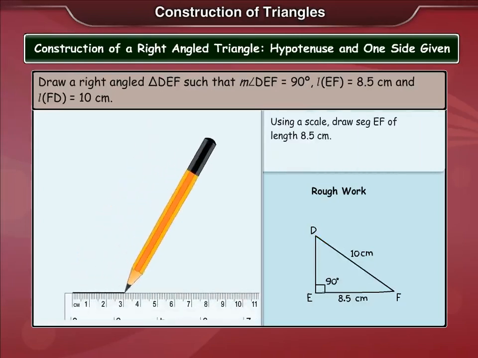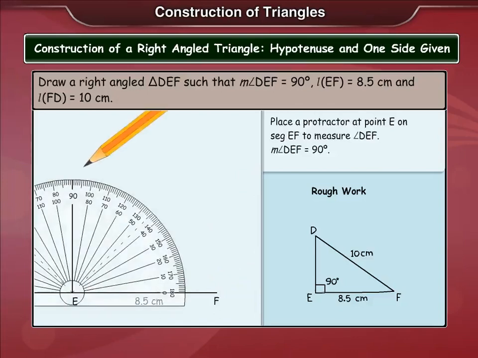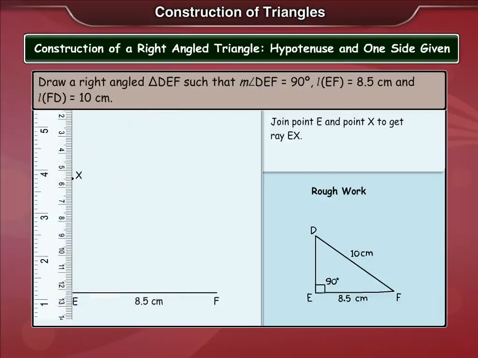Place a protractor at point A. Draw ray AD forming an angle of 75 degrees. Now, place the protractor at point B. Draw ray BE forming an angle of 115 degrees with segment AB.